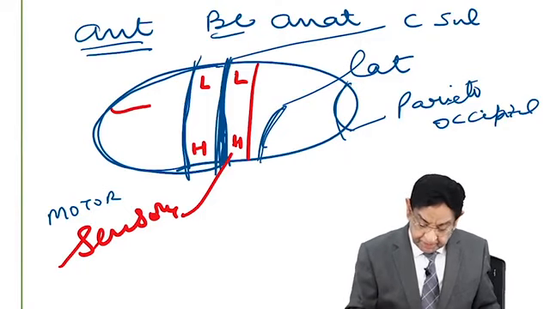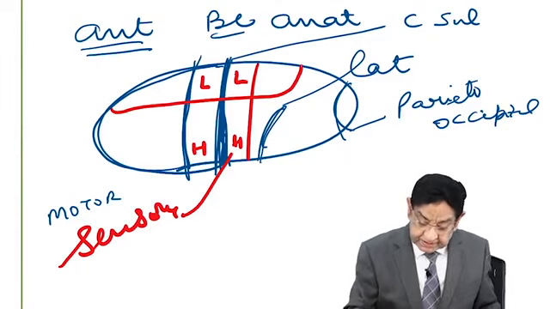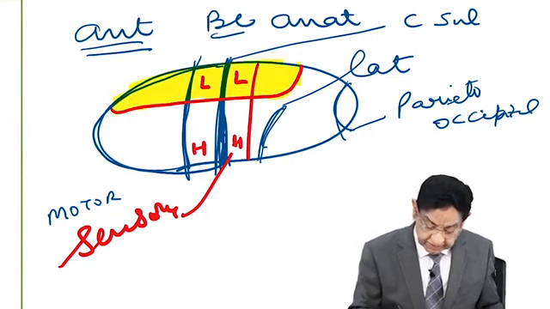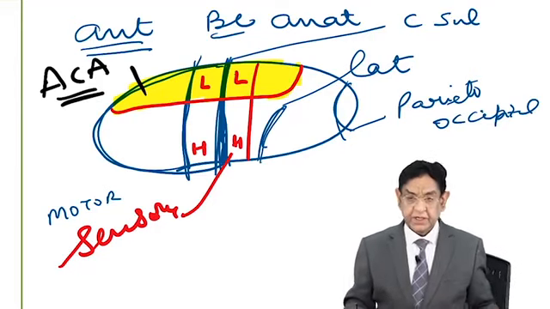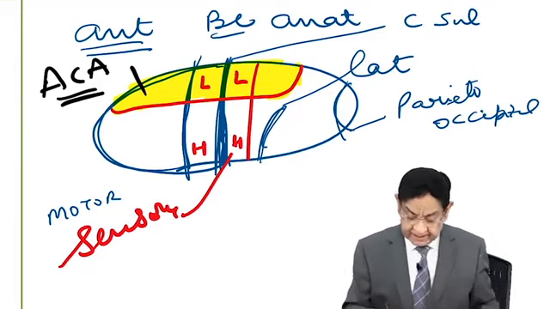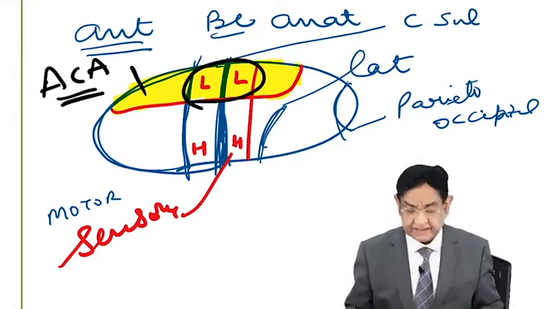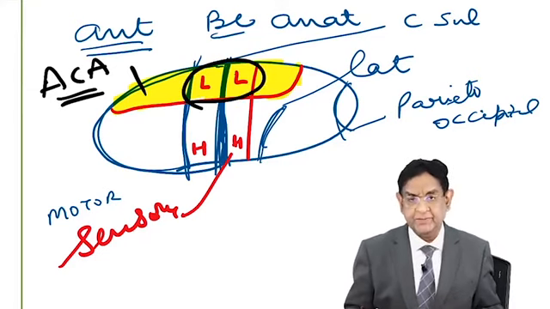Now this part of the brain is being supplied by the anterior cerebral artery. Point to be noted, this leg area is supplied by the anterior cerebral artery.